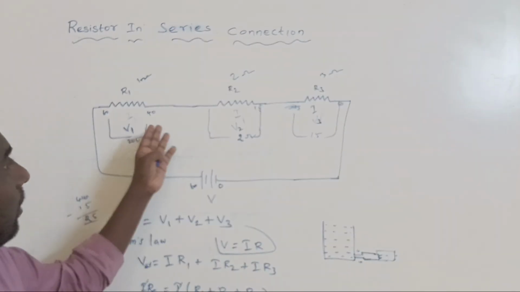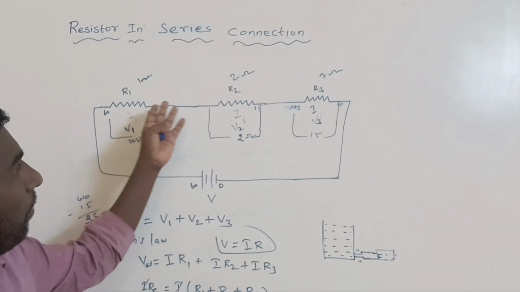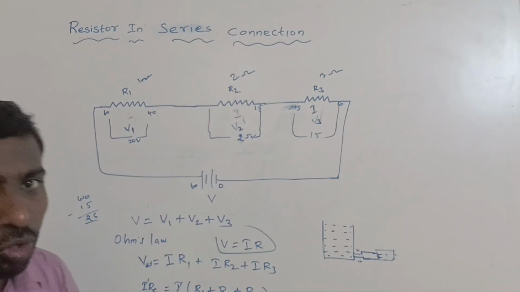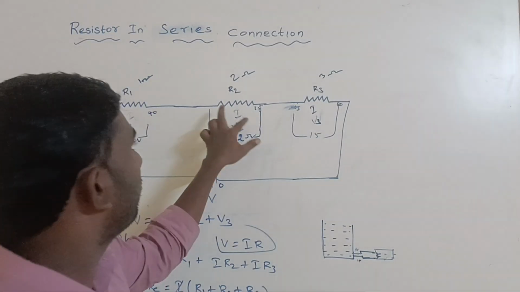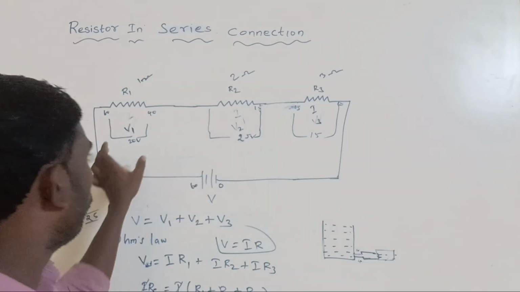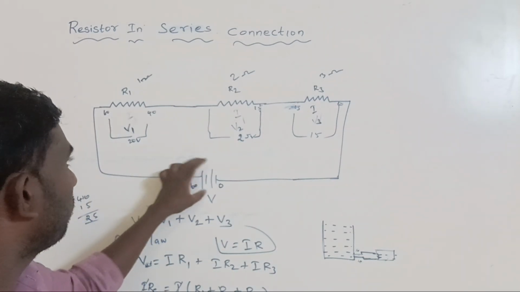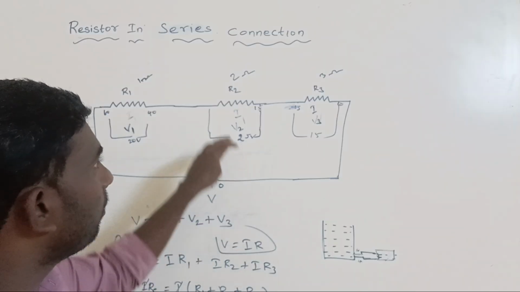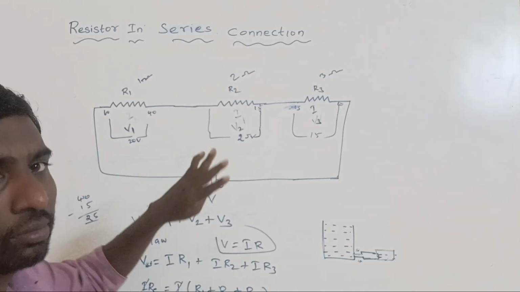There are many uses for this. Suppose you need low voltage: if you connect resistors in series, we can get low voltage even if the supply is higher. So if you need low voltage, we use this resistor.